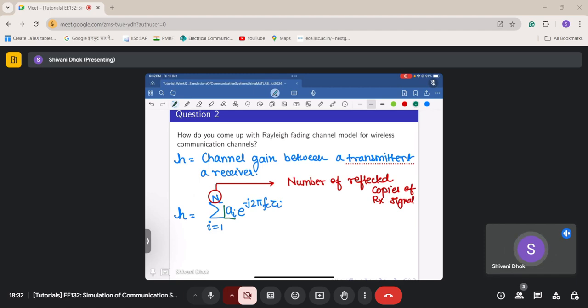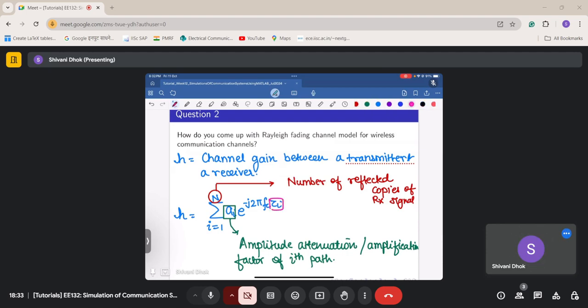Then you have this a_i, which is the amplitude attenuation or amplification factor of the ith path. And this tau_i is the delay introduced by the ith path.